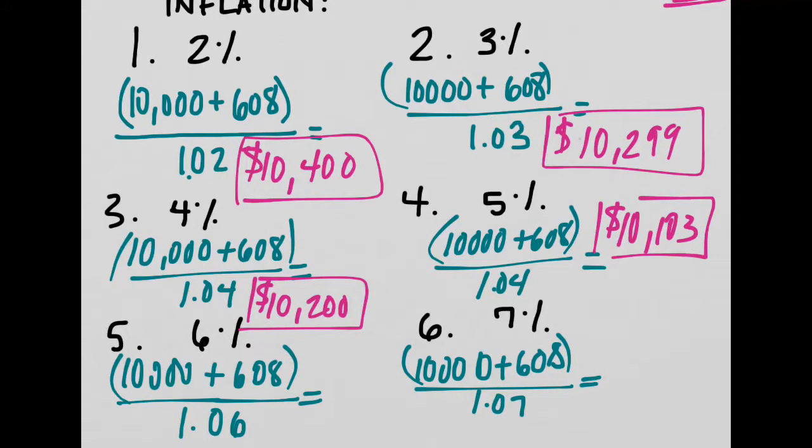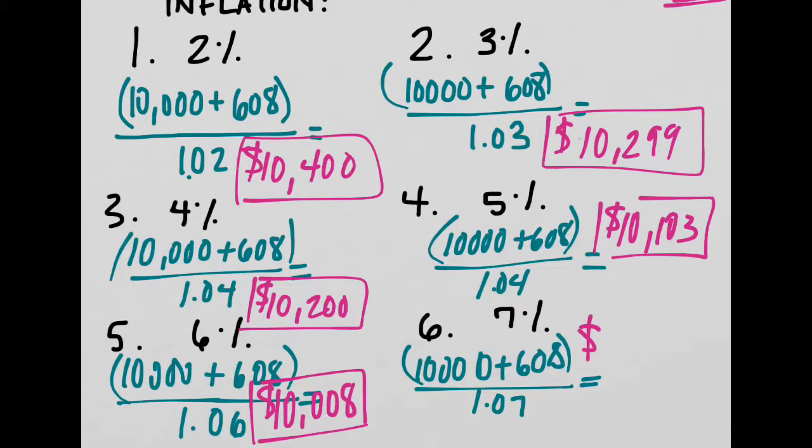Okay, for number 5, we're almost breaking even in the sense that my real return is $10,008. And now at 7%, this is where it kind of takes a turn for the worse.